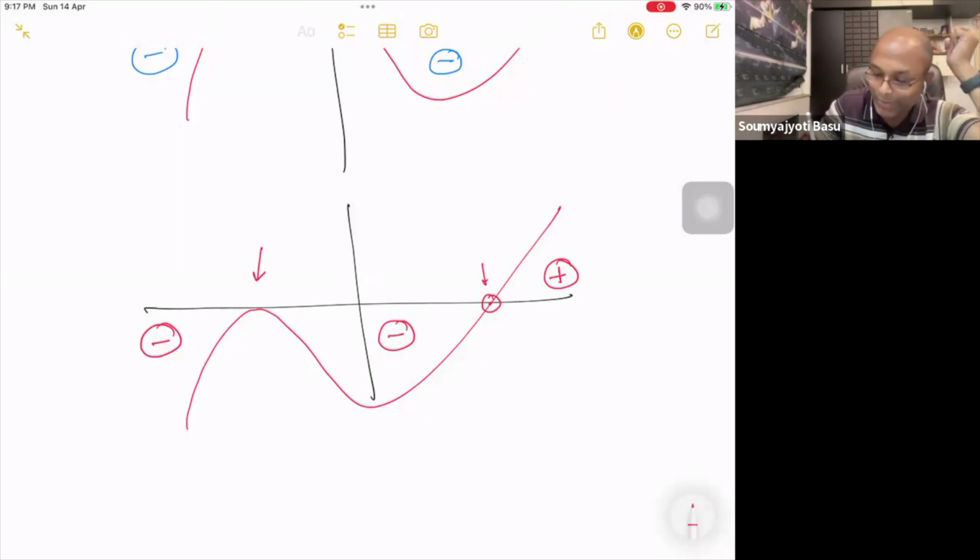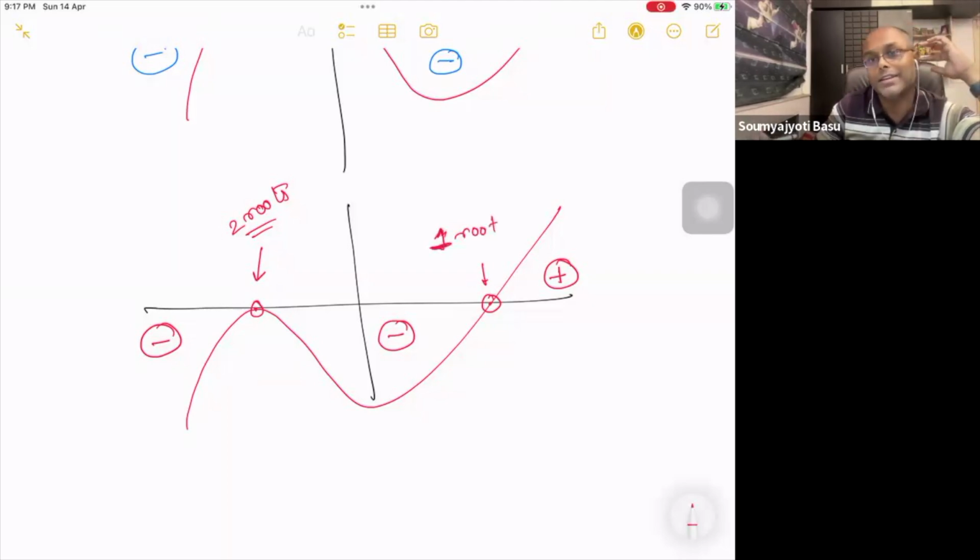Okay, I hope you are getting it now. Since there are two roots at this point, the sign of the function didn't change. Here, there is just one root. So the sign of the function changed from positive to negative. This is a typical cubic function case.